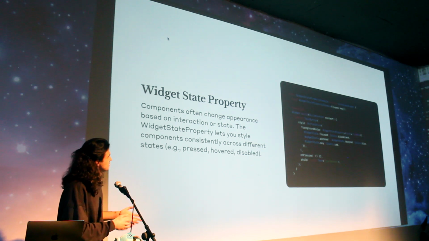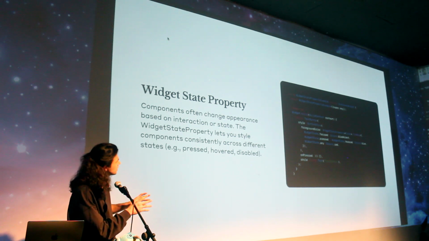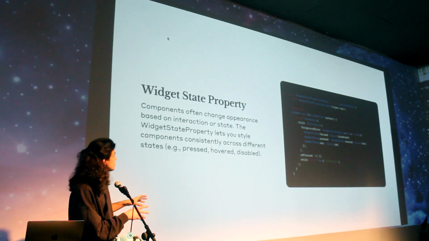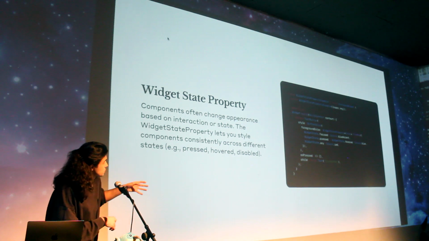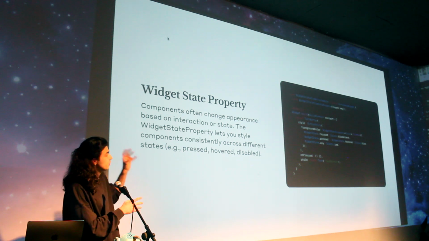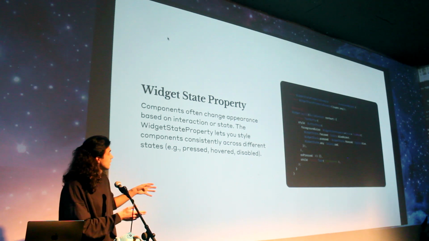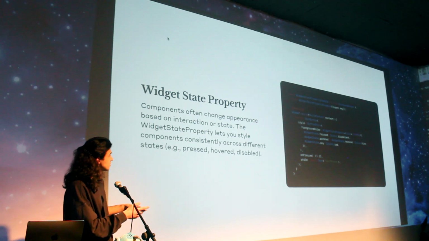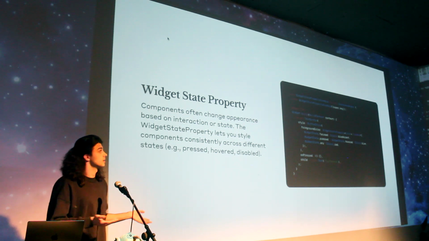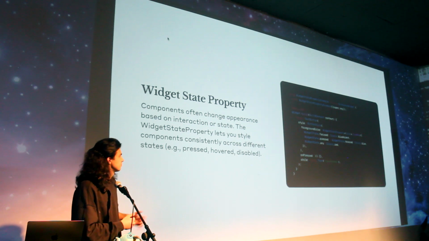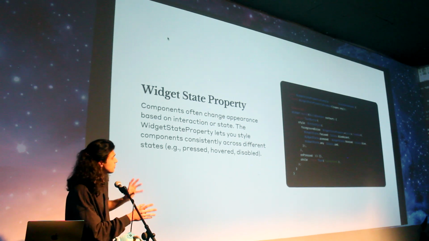There is a text button, and it has some weird colors, but don't pay much attention to it. In case it's focused, it should have a foreground color of blue accent. In case it's pressed or hovered, it should be blue. And if it's any other state, it should be red.